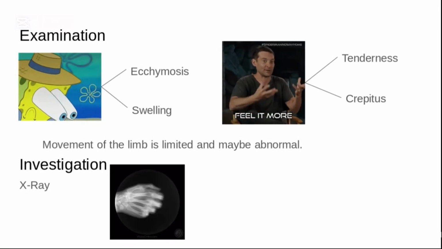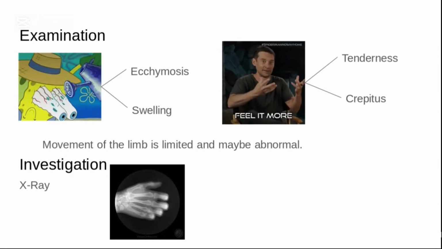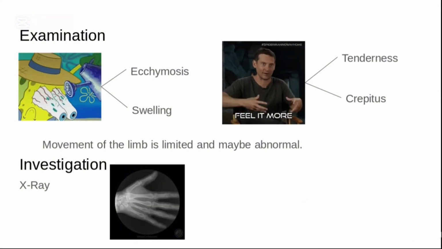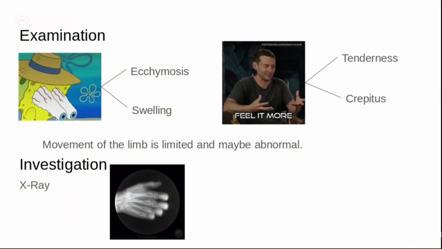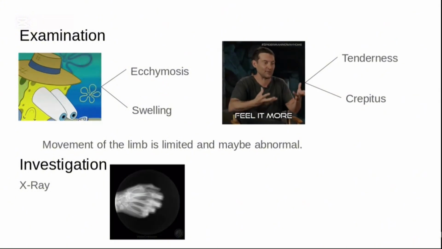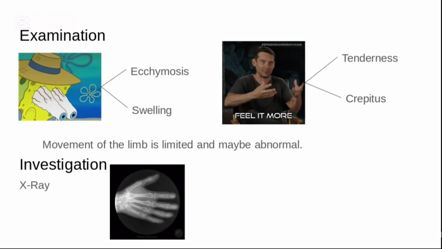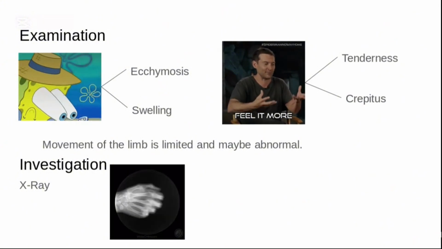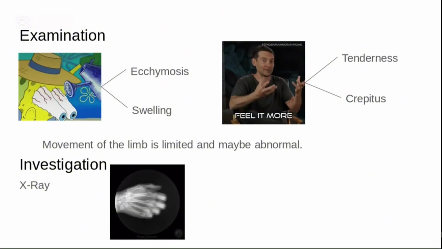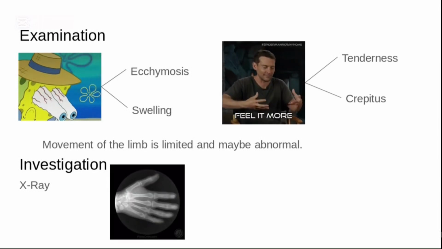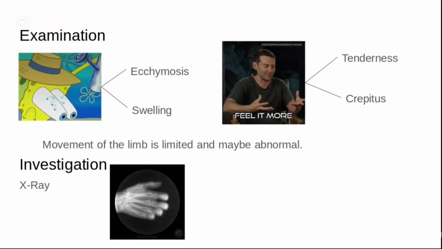We might find that the movement of the limb is limited, and in some cases, if there is a severe fracture and the fracture completely dislocates the joint from its normal position, we might find abnormal movement. Of course, the investigation of choice is X-ray in all types of trauma in order to exclude any types of fractures.